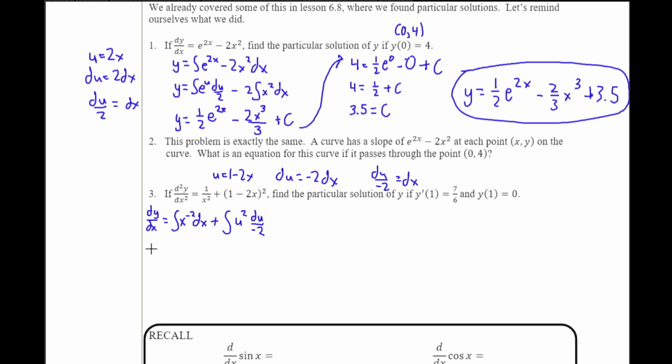So next line here, let's find these derivatives. dy dx is equal to, you do a reverse power rule. x to the, you add 1 to the power of negative 2, so it's x to the negative 1 over negative 1, and then you subtract.